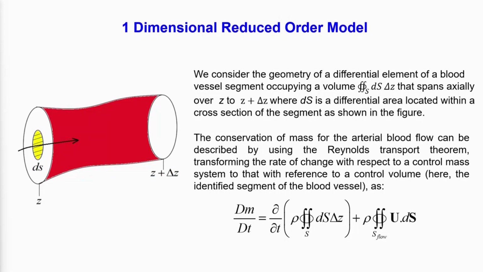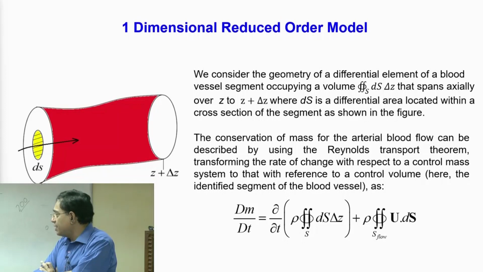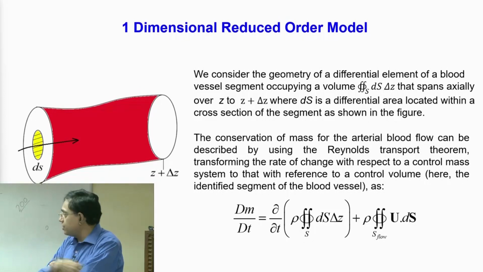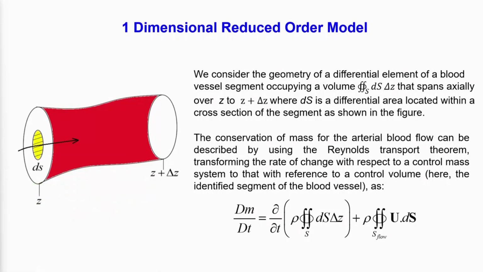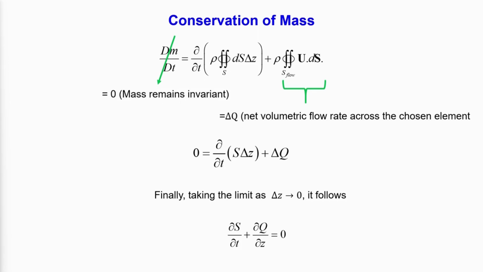So, if you substitute that, it is dm dt. On the right hand side, the first term is the partial with respect to time of whatever is the mass inside the control volume. The integral of dS into delta z is the volume, that times rho is the mass, and the flow term is the next term. So, we are just using the Reynolds transport theorem.